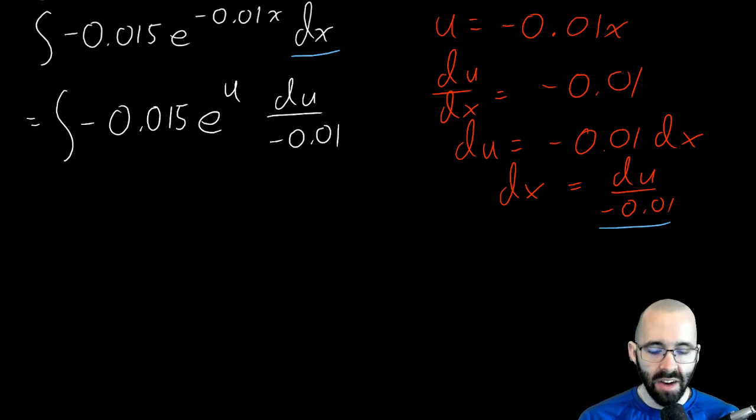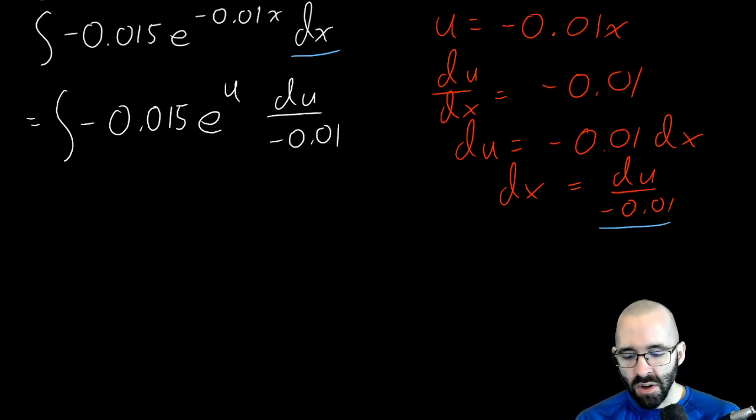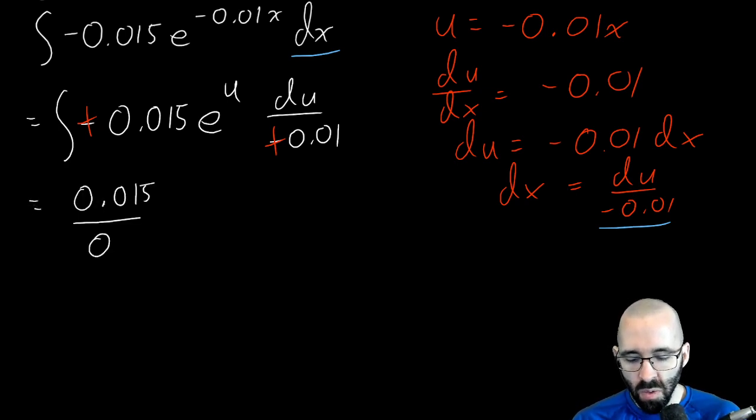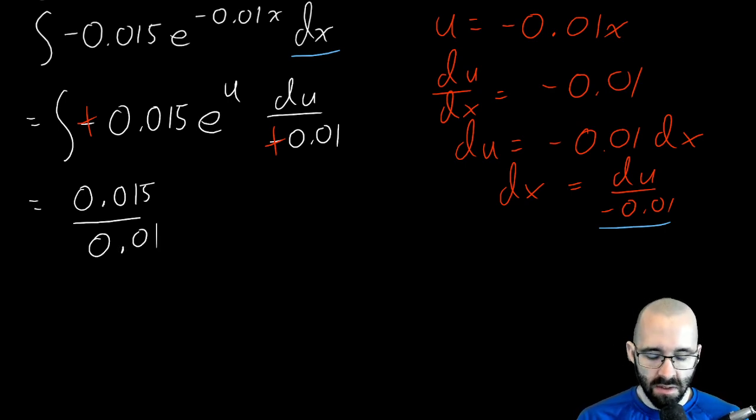Now we can simplify and evaluate. For example, the negatives cancel, and then the numbers can just come out in front of the integral. 0.015 divided by 0.01, we can use a calculator to help us simplify that. It's going to be 1.5.